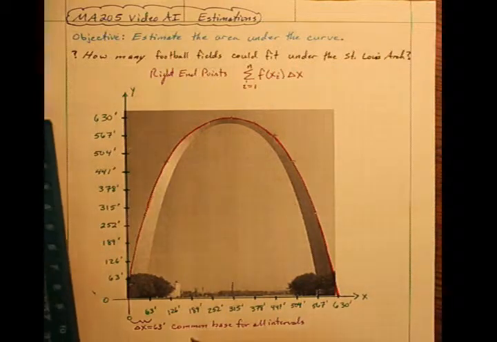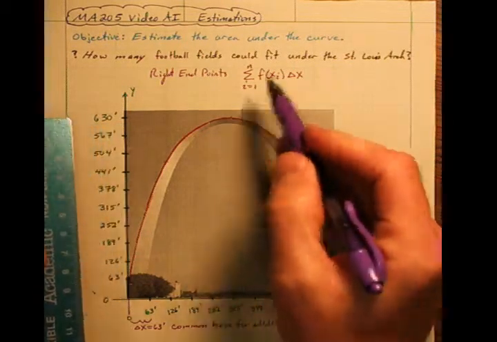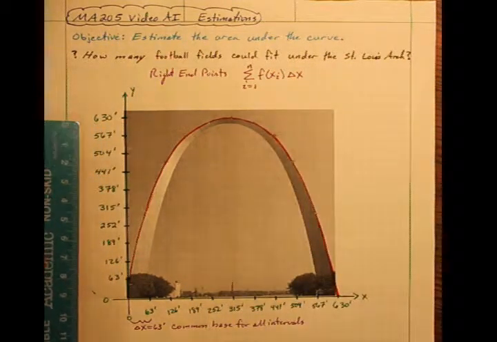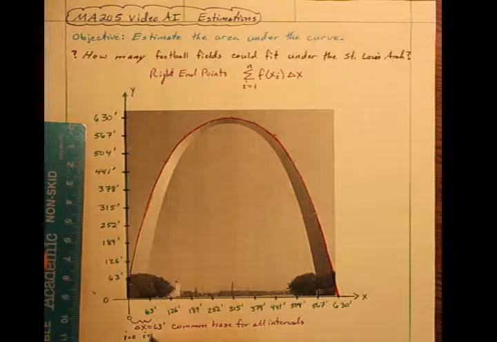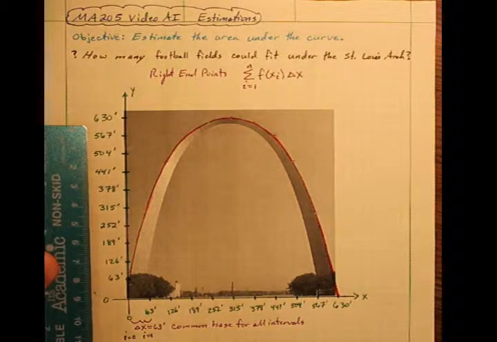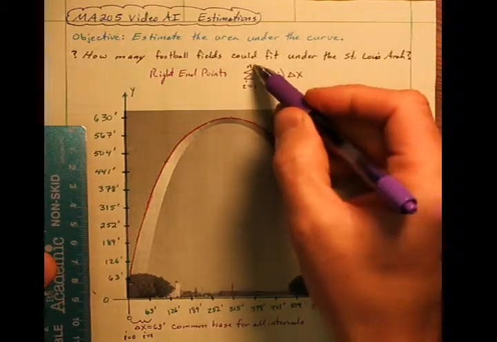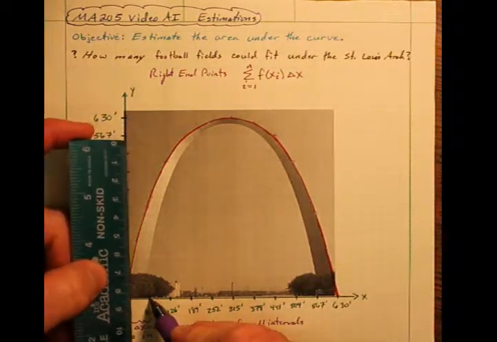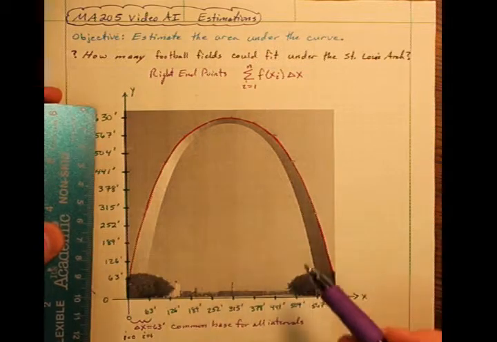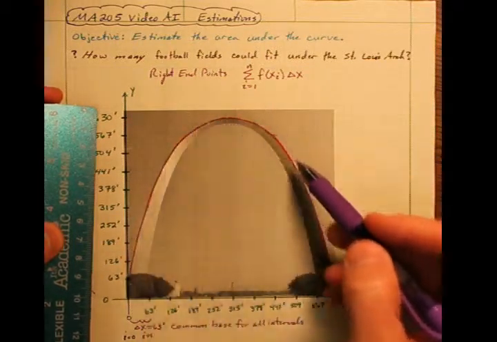With the right endpoint formula, this starts at i equals 1. The i convention always starts here at i equals 0, and this is i equals 1. So the formula starts at 1, and we're going to go to 10. I'll start here at the 63, and I'll draw a line up until I hit my curve. For purposes of this, I'm going to use this red line.